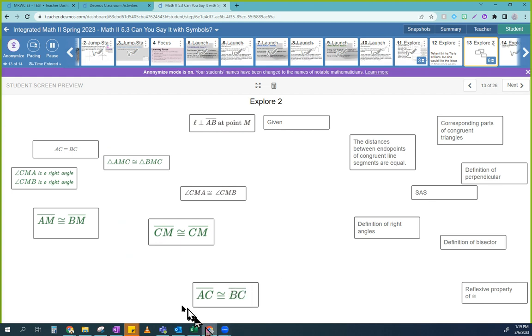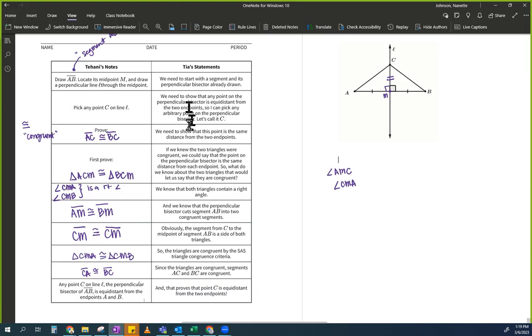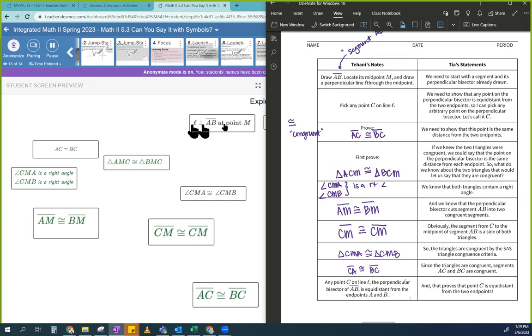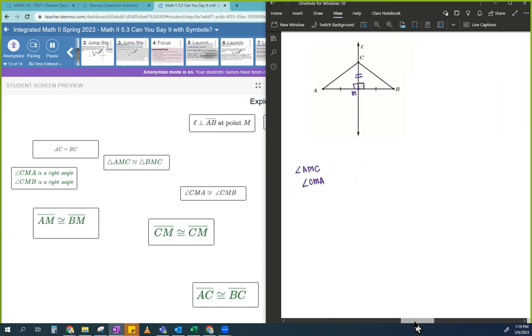So looking at all of these statements here, let's do this. So that makes more sense. Yeah, that's good. So what would come next? Yes, very good. When we know that something bisects, let's look at the picture. That's a really good point. When we know that this bisects, what do we know? Very good.